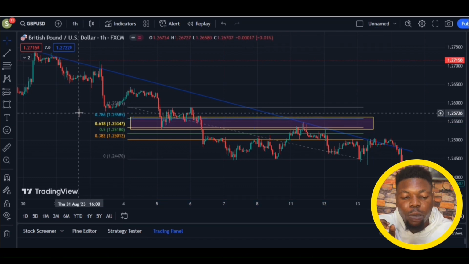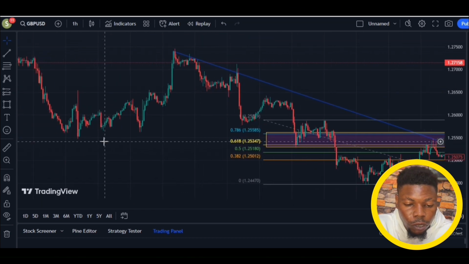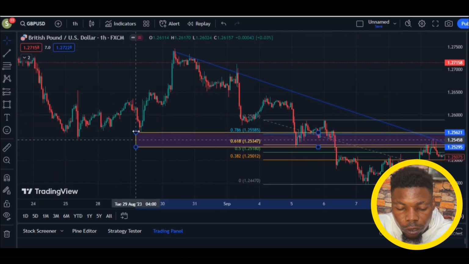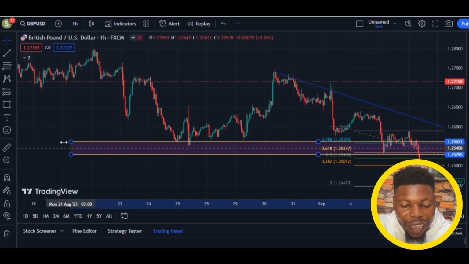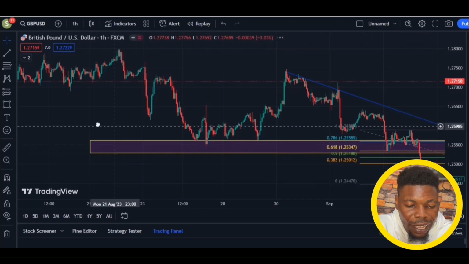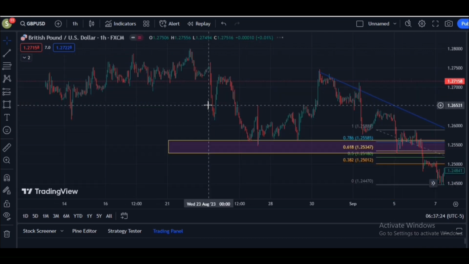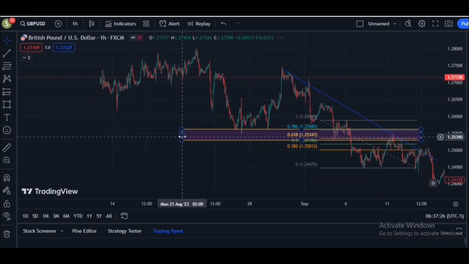And to be more sure, we need to see that the demand zone acted as a level of support and resistance also. So let's check that out. Oh, perfectly. We can see that it acted as a level of support and resistance in the market.